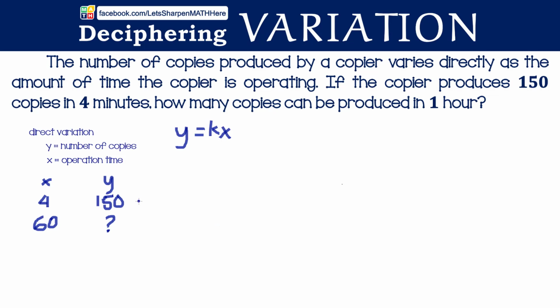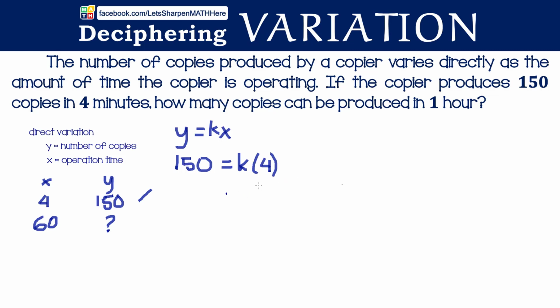Nevertheless, we'll be using the first pair to solve for the constant of variation. We're going to have 150 as our number of copies equal to k times x, which is 4. So this is the first part in solving this unknown.